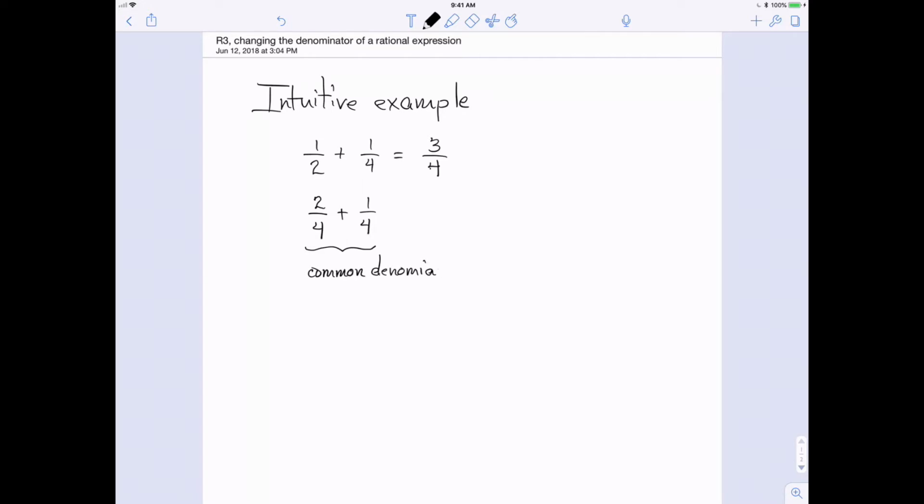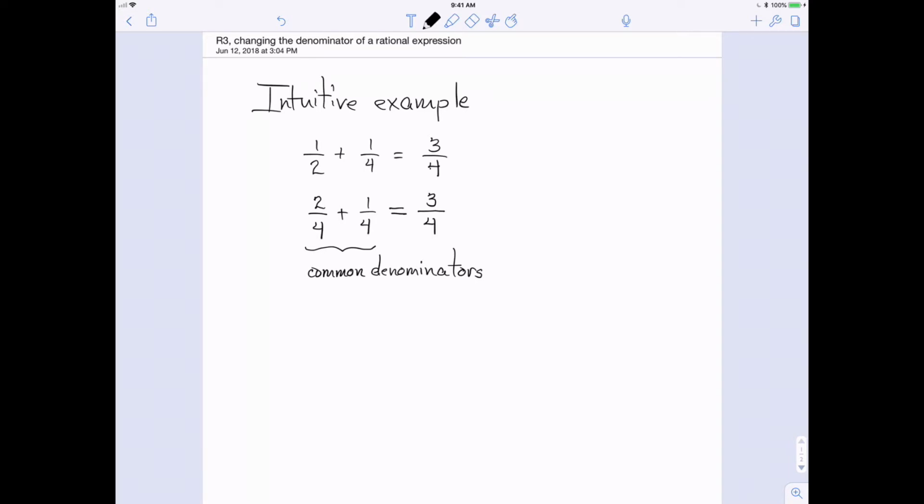Once the fractions have the same denominator, then we can add. All we do is add the numerators, and the denominator stays the same. And so that is how you get 1/2 plus 1/4 to get 3/4.